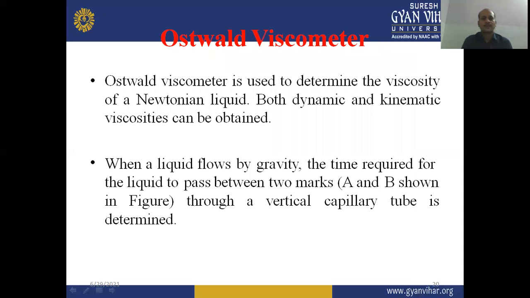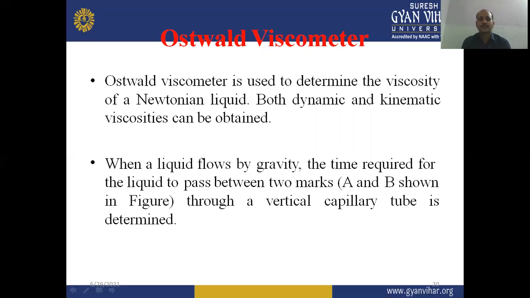The Ostwald viscometer is used to determine the viscosity of a Newtonian liquid. It is a type of capillary viscometer. Both dynamic and kinematic viscosity can be obtained. As we discussed in our previous lecture, what is dynamic viscosity and what is kinematic viscosity, we can measure both types of viscosities with the help of this Ostwald viscometer.